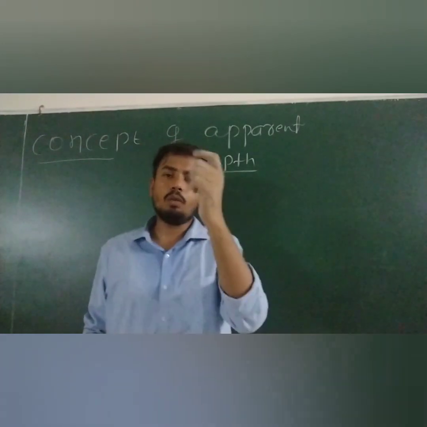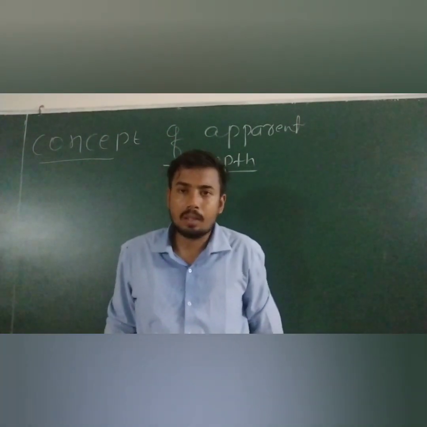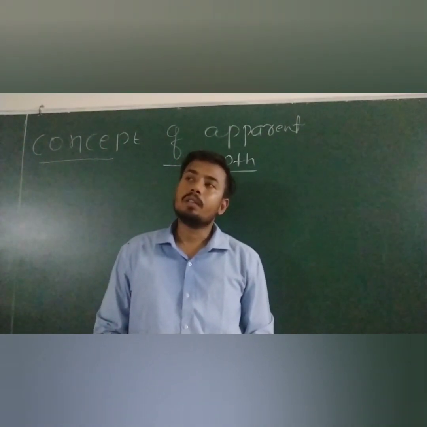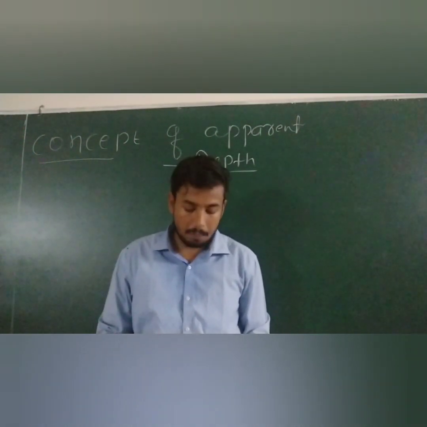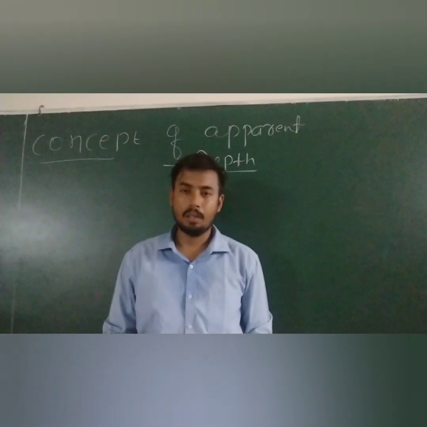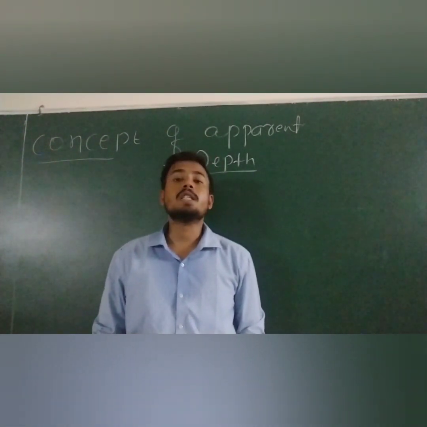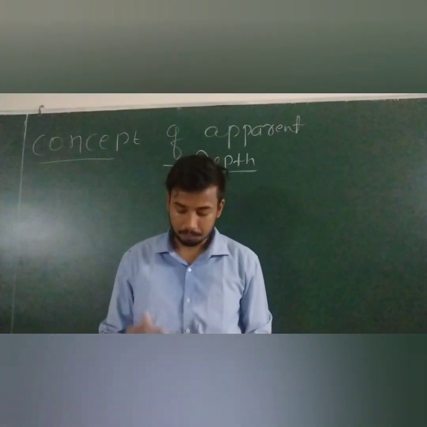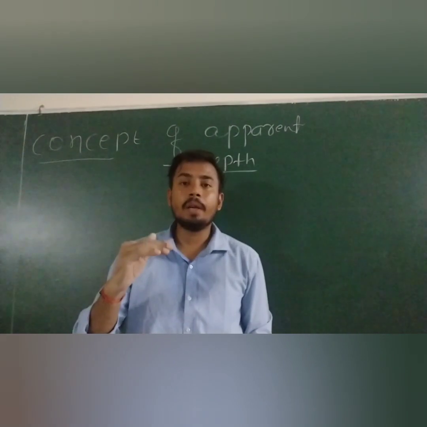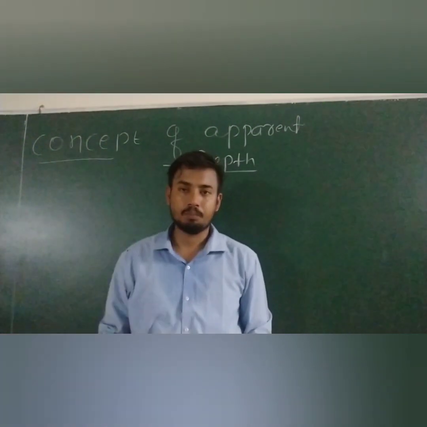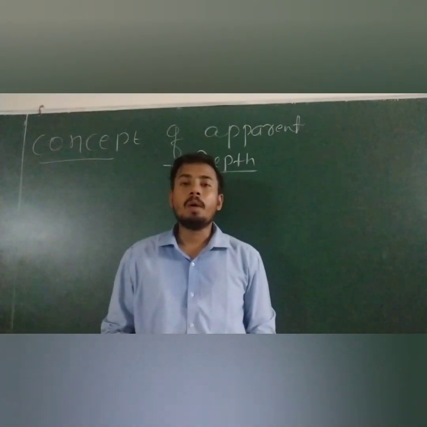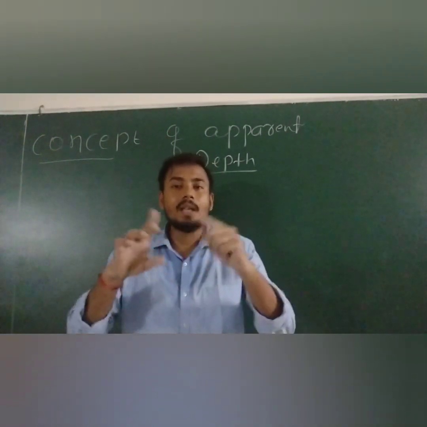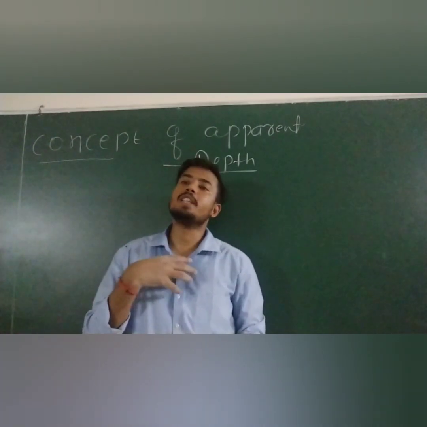Okay, I am just telling you one point. You have studied class 11. In class 11, definitely your teacher has taught the concept of apparent weight. Whenever we are going in an accelerating lift, up or down, our weight increases or decreases. Suppose my weight is 60 kg.